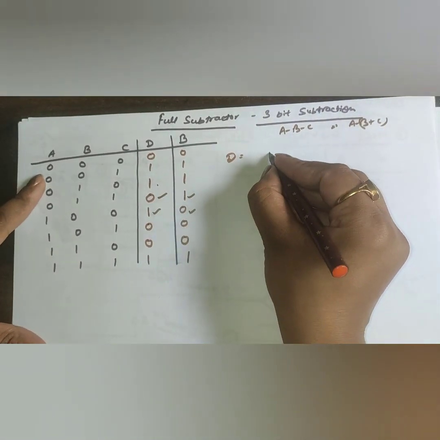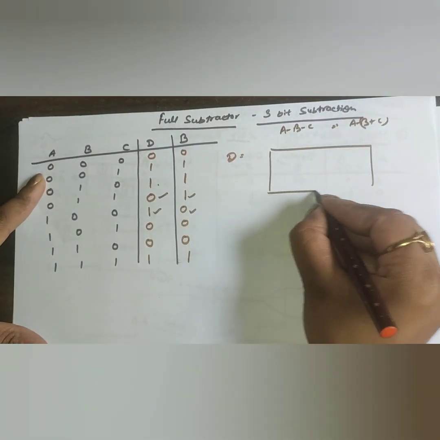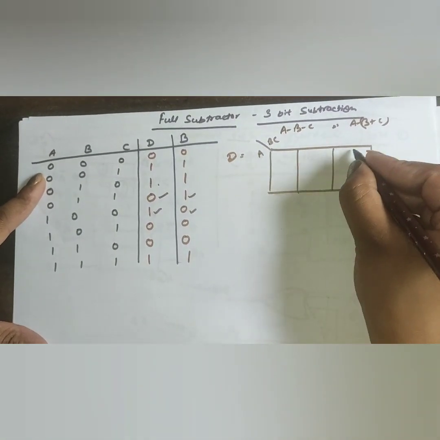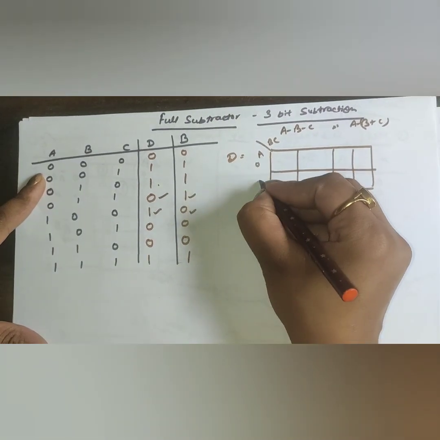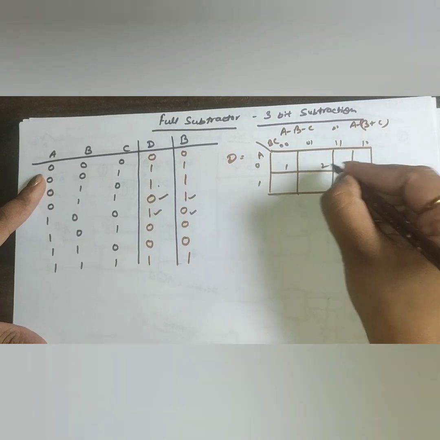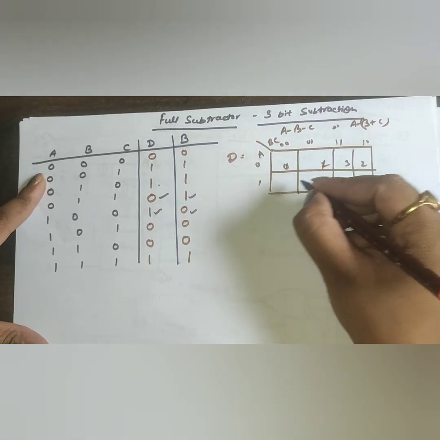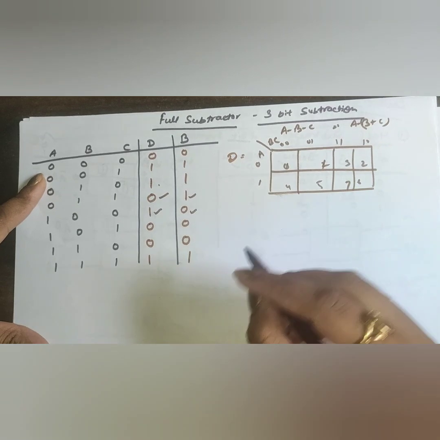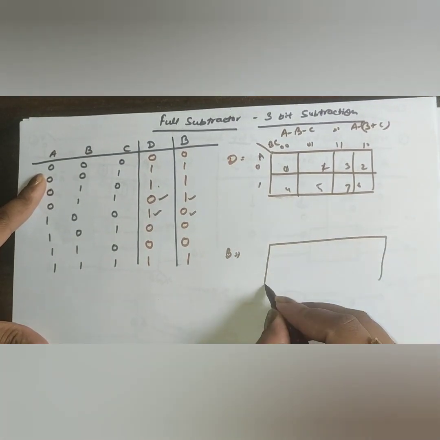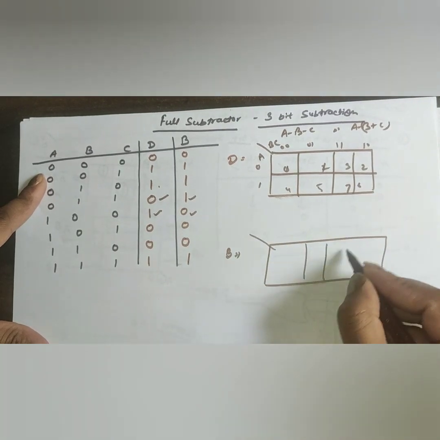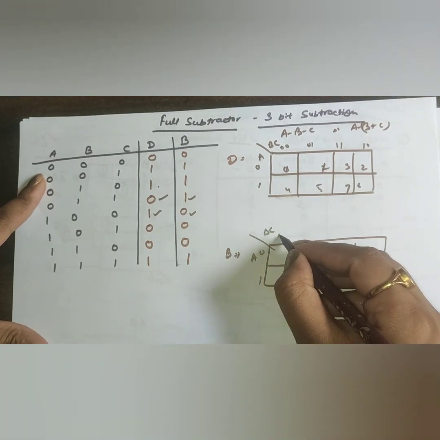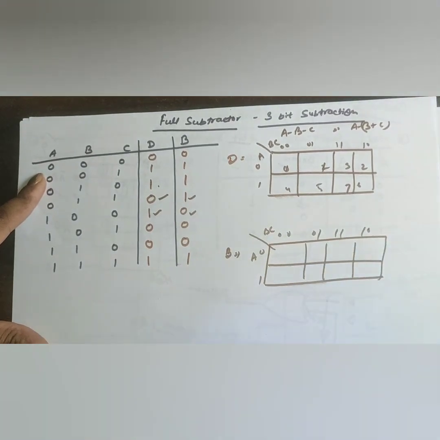Now we will make a K-map for A, B, C, with the columns 00, 01, 11, 10 and cells numbered 0 to 7.